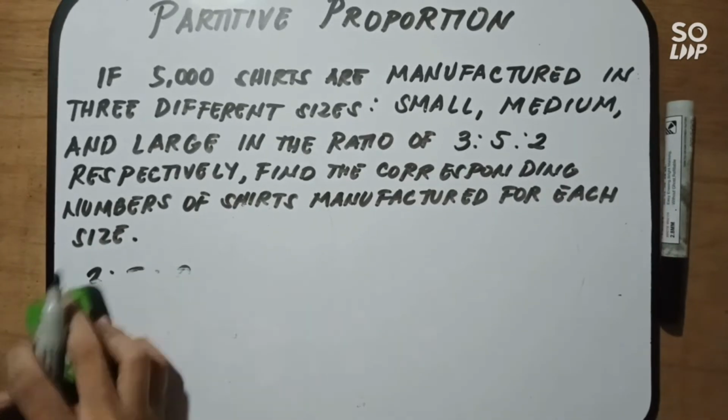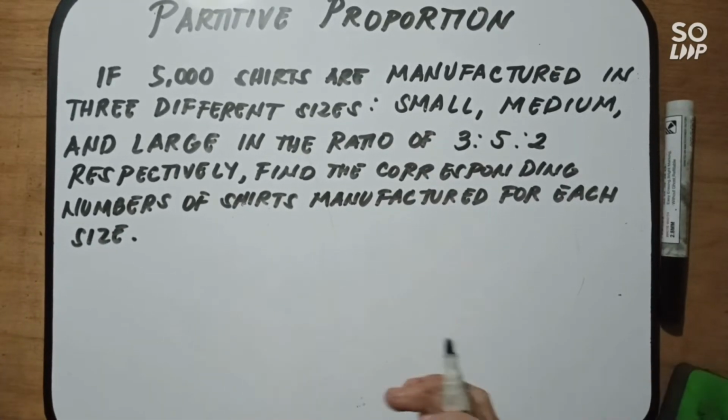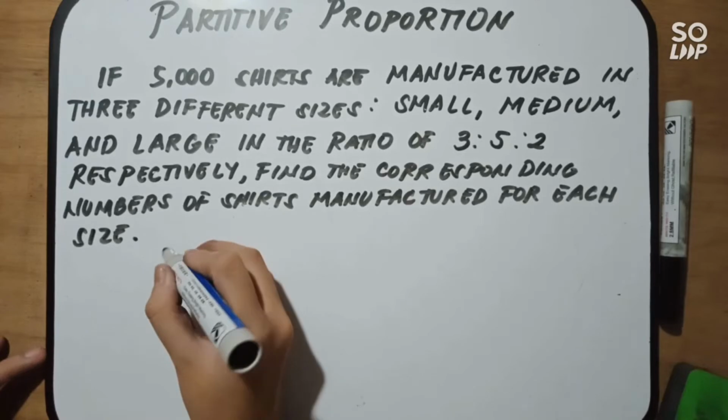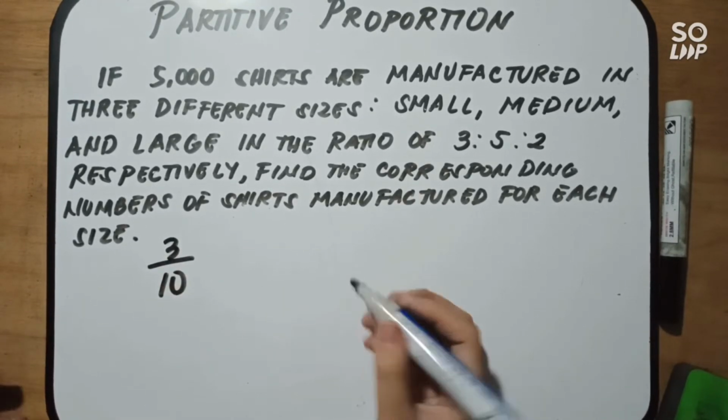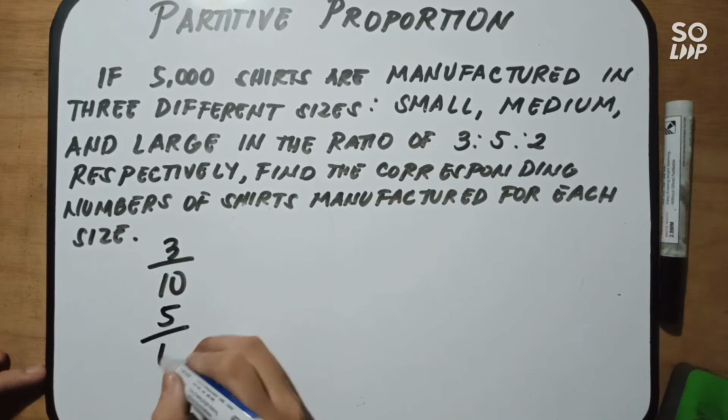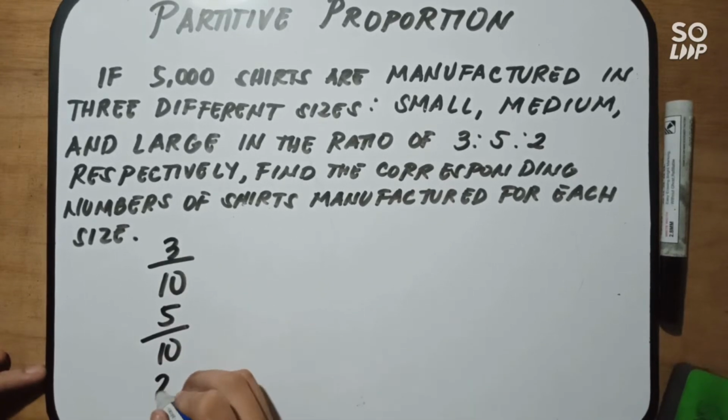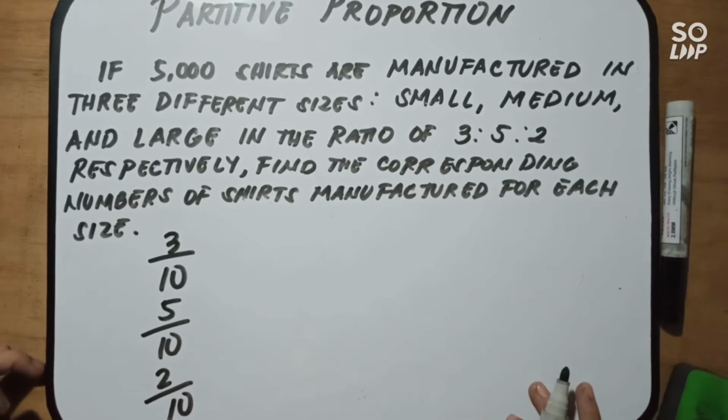Therefore, the whole is 10. It means that 3 out of 10 is for small sizes, 5 out of 10 for medium sizes, and 2 out of 10 for large size shirts.